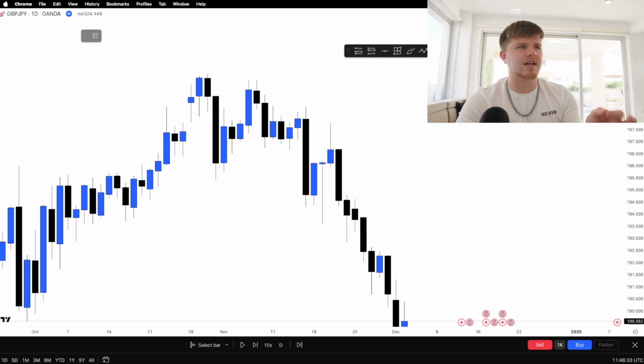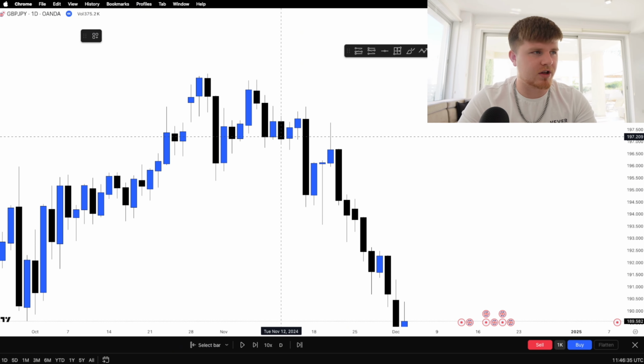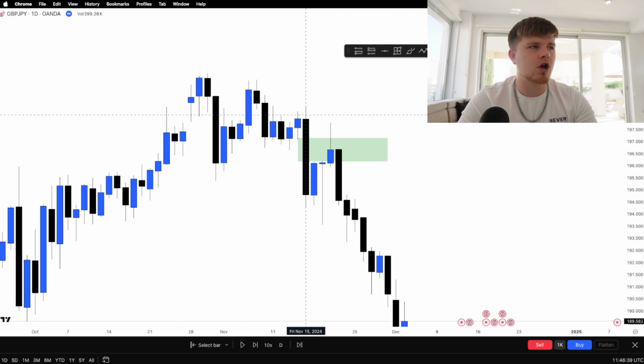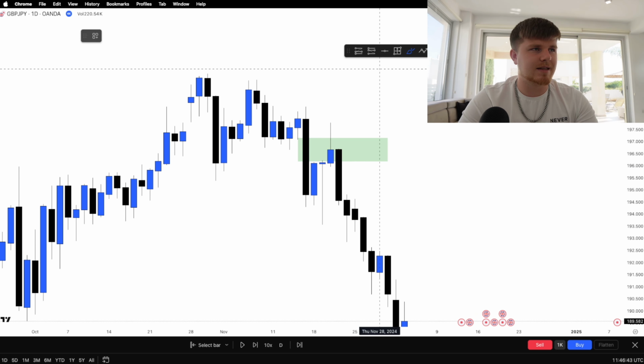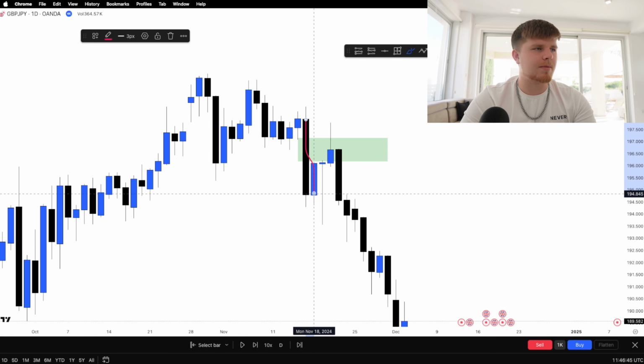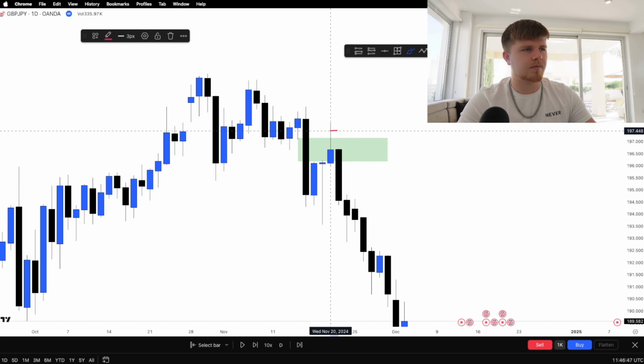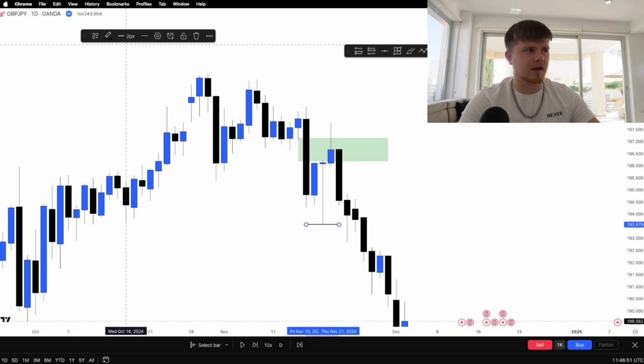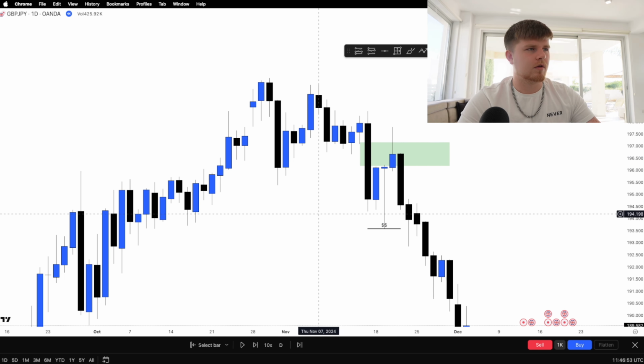But once price takes liquidity, it retraces to a fair value gap, which it formed on the way down. Okay, 3 candles, doesn't matter about the direction of this one or this one, all that matters is that middle candle. We have a gap here, which we come back into, respect, okay, therefore we come down to the next low. Do you see how this plays out?